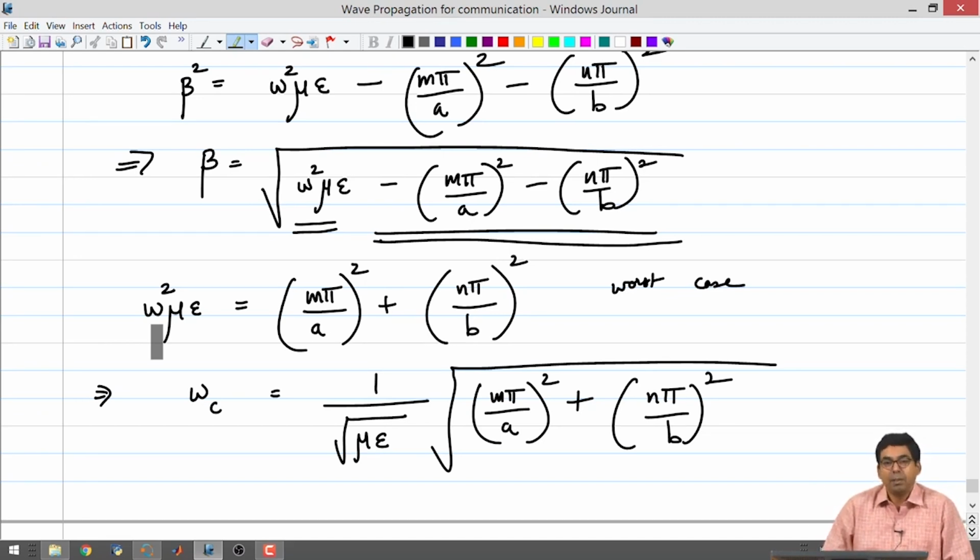So, there are ways to do it. Those are treated in your higher level courses in computational electromagnetics, where they talk about mode solvers and things like that. But essentially, it just means finding eigenvalues of the wave equation. Eigenvalues will tell you about m comma n and omega square mu epsilon, and eigenvectors will give you the Ez.